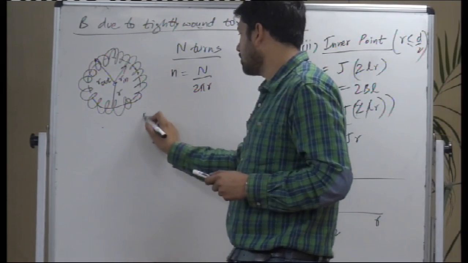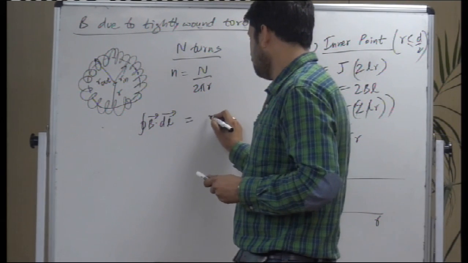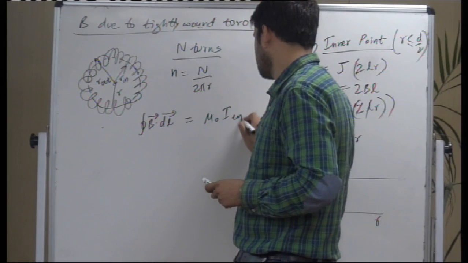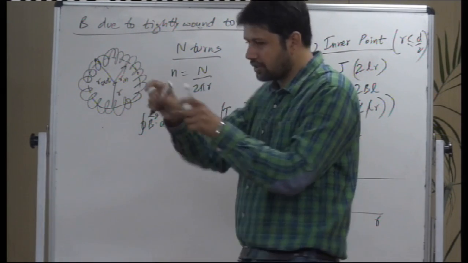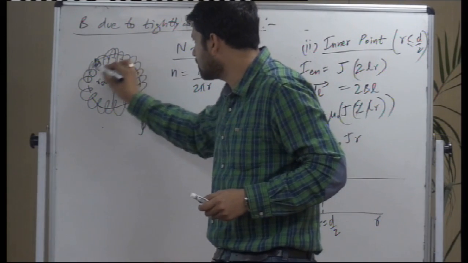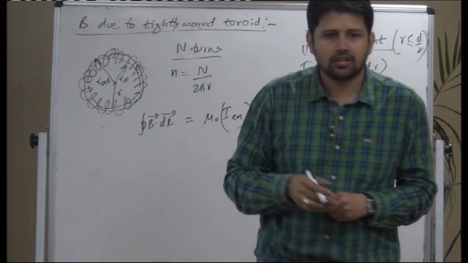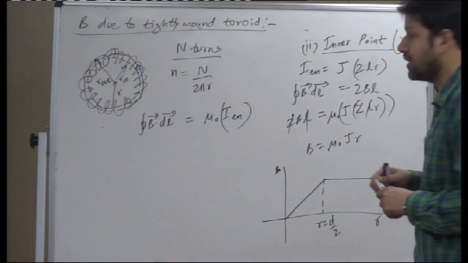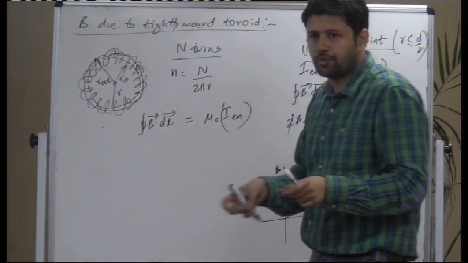So by Ampere's law you can consider this. Since it is totally closed, the magnetic field outside would be 0. All the magnetic field would circulate like this inside, not only at the mean radius but everywhere. It would be like a tube filled with magnetic field.